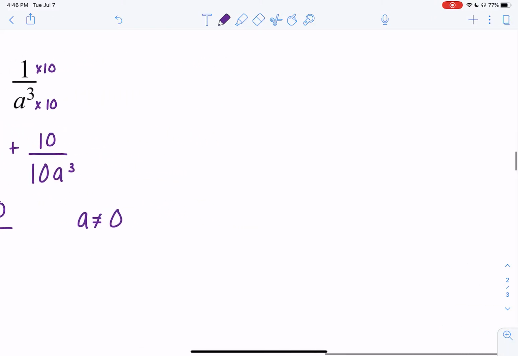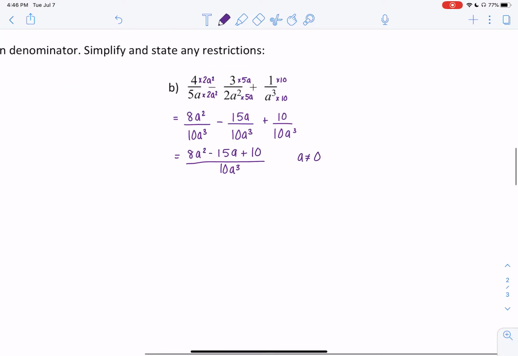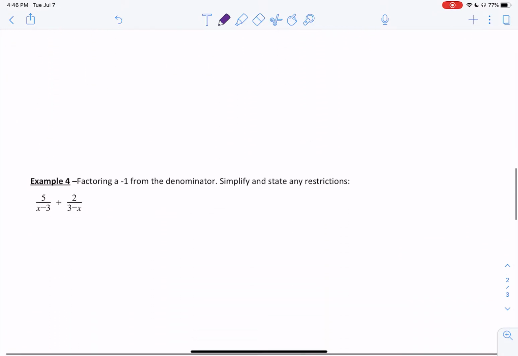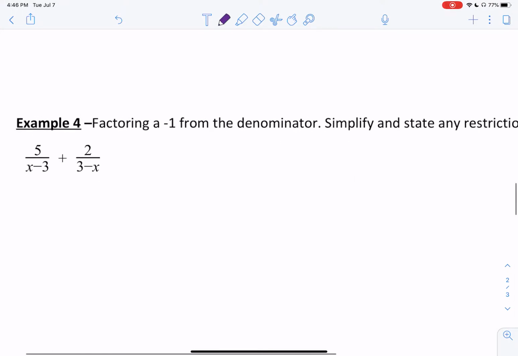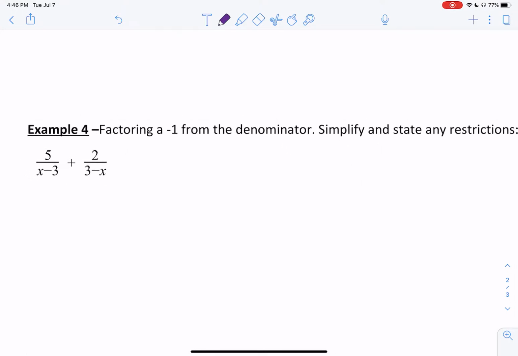So our next example is factoring a -1 from the denominator, and then we'll simplify and state any restrictions. So sometimes our denominators don't quite match, but there is a way we can make them match quickly. So if you notice, you have x minus 3 and 3 minus x, where they're close, but they're not the same.